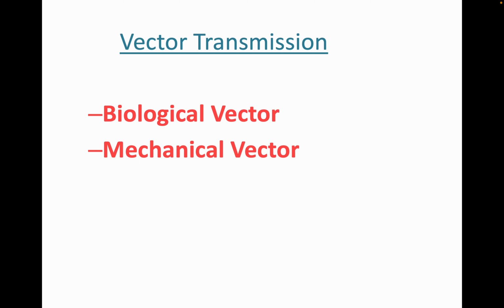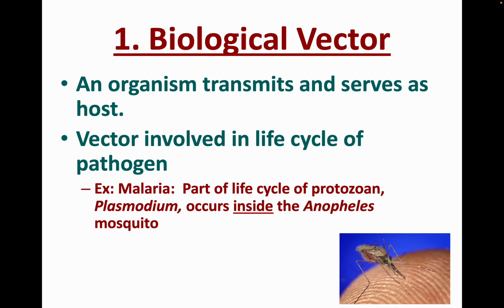All right, vector transmission. So vectors could be biological, they could be living things, or it could be mechanical. So a biological vector is an organism that transmits and serves as a host. The vector is involved in the life cycle of a pathogen. For example, malaria. Part of the life cycle of the protozoan Plasmodium occurs inside an Anopheles mosquito.